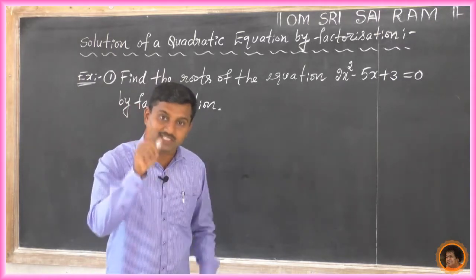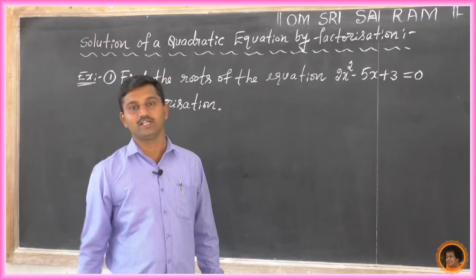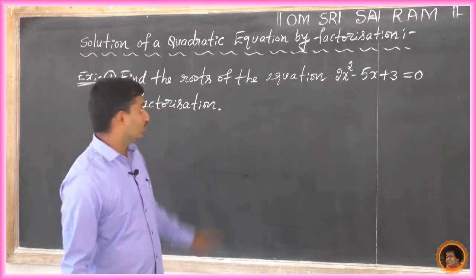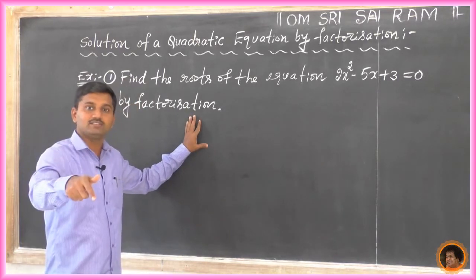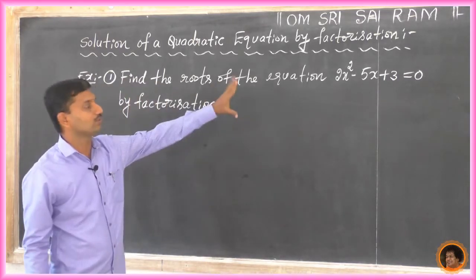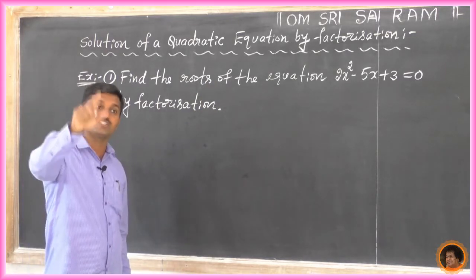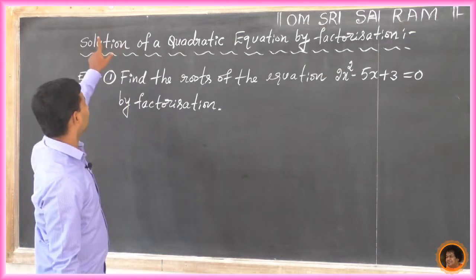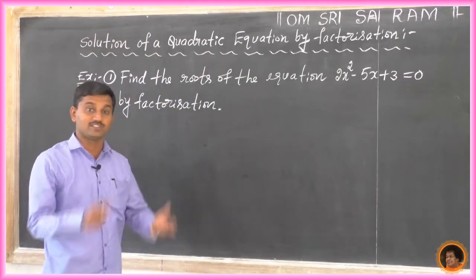The roots can be calculated with the help of middle term factorization. We can use this knowledge to find the roots of the quadratic equation. The solutions of the quadratic equation are also known as the roots of the quadratic equation. So this is the first.